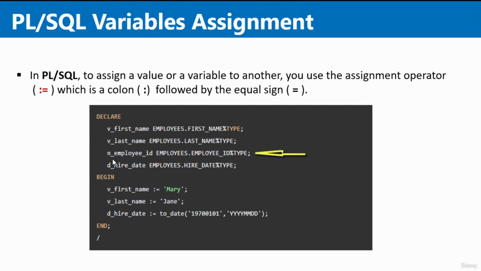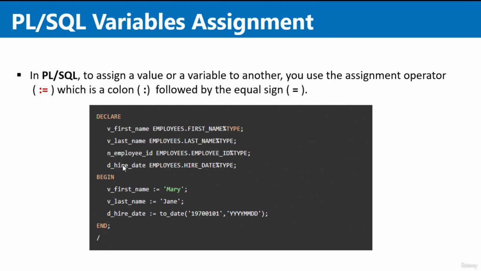And then we have this variable n_employee_ID. Again, I'm going to be using %TYPE, which is the data type of the employee_ID column from the employees table. In the last variable, which is called d_hire_date, I'm using the data type from the hire_date column in the employees table.